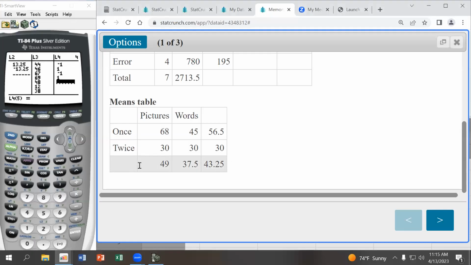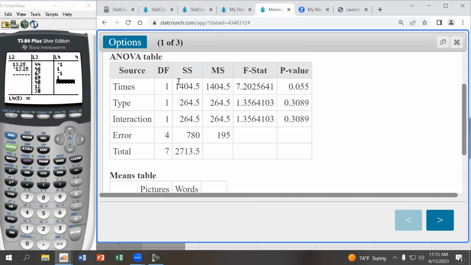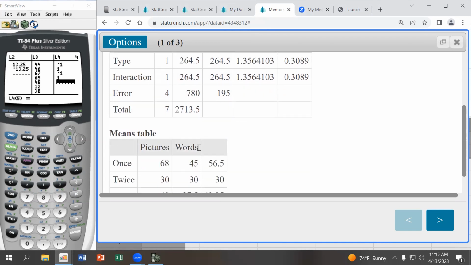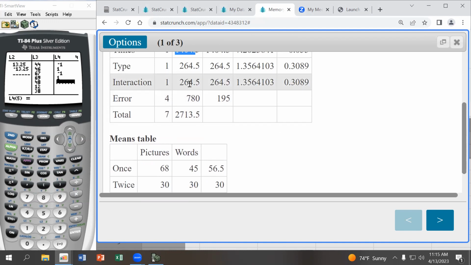The way to remember this process is row means minus the grand mean, put it in the calculator. That will give you SS, provided you multiply by the number of values per row. Do the same for the column.